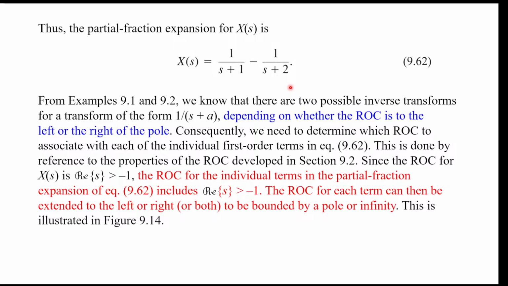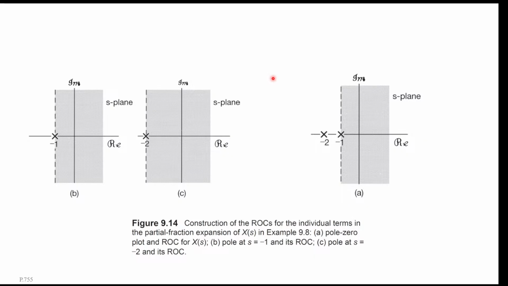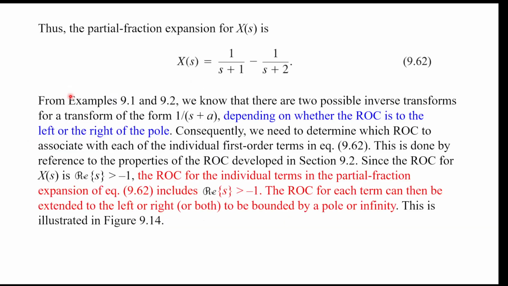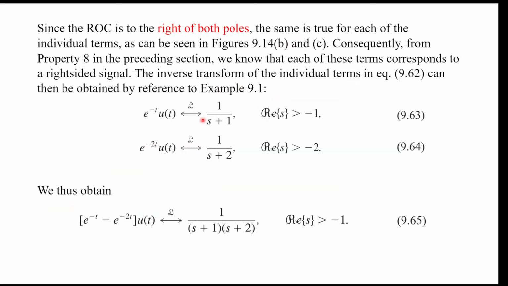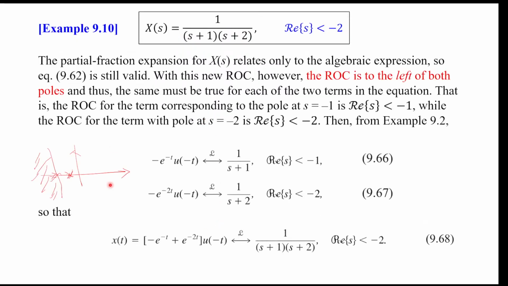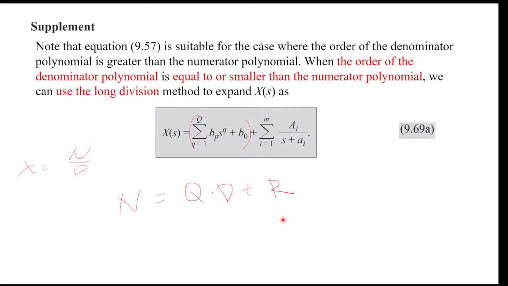So it has a pole at minus 1 and a pole at minus 2, and then you can think about how the three different ROCs give you three possible ways to invert the partial fraction of 1 over S plus 1 and the partial fraction of minus 1 over S plus 2. So we have three examples to do these three inverses.